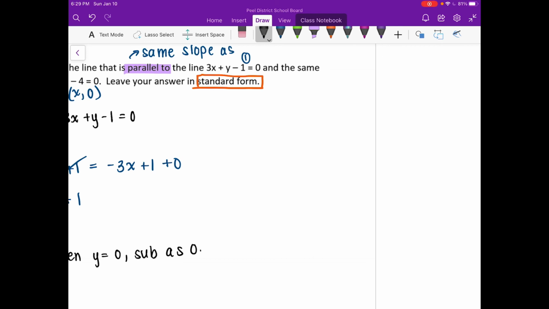I'm going to use point slope form because I already did it by substituting into y equals mx plus b. So I'm going to use point slope form. So I'm going to do y minus y1 equals m times x minus x1, right?